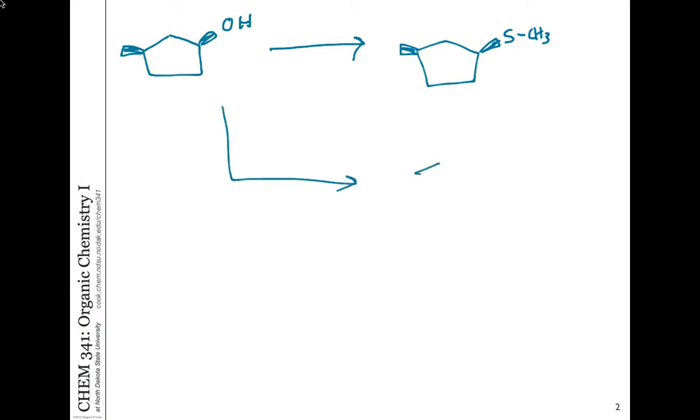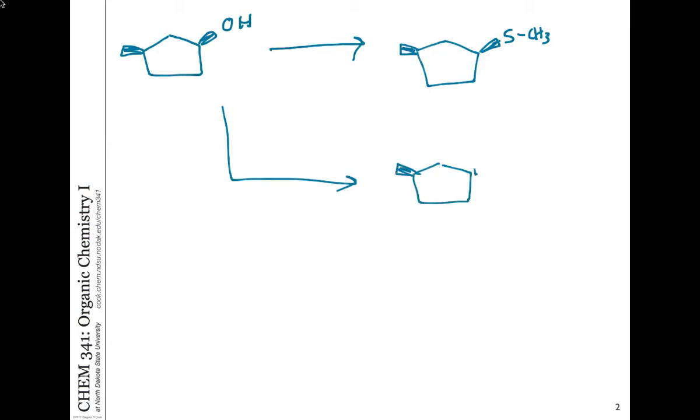Let's say we want to be able to take this and make that from it. Or selectively make its diastereomer and control it.